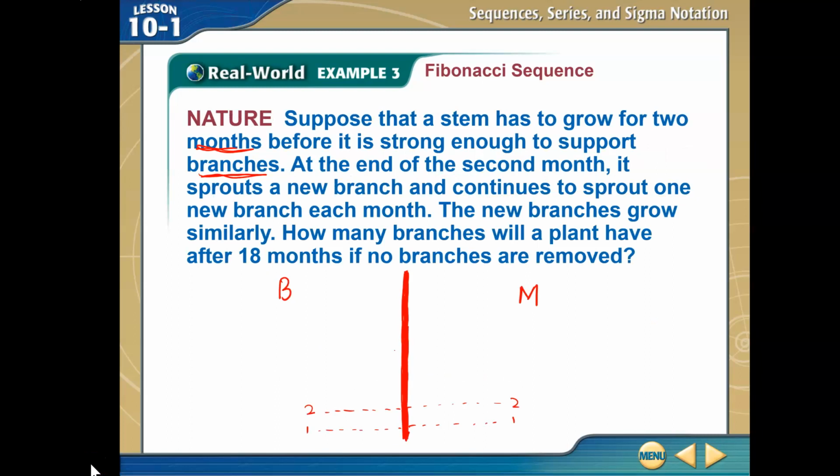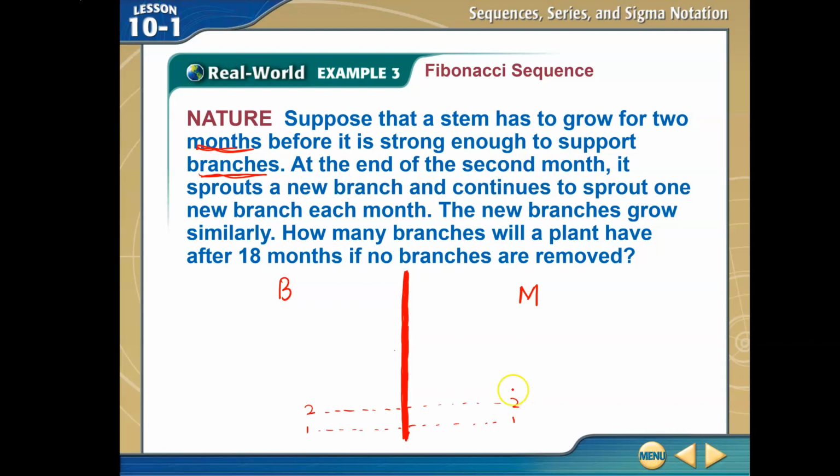Alright, so I was just redrawing this diagram so it will be really clear for you guys. So I was saying that it's written right here that a stem has to grow for 2 months before it is strong enough to support the branches, okay? Now the next step is at the end of the second month.